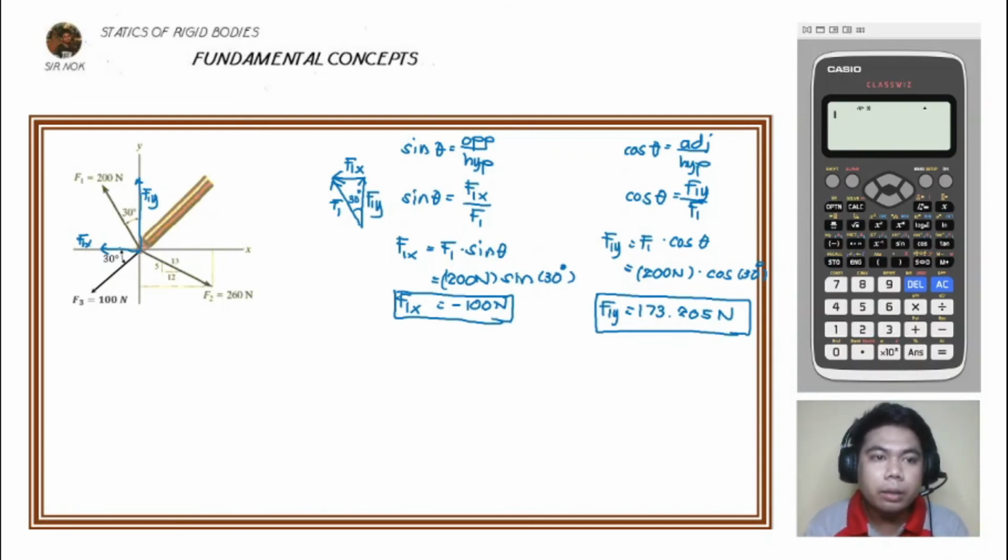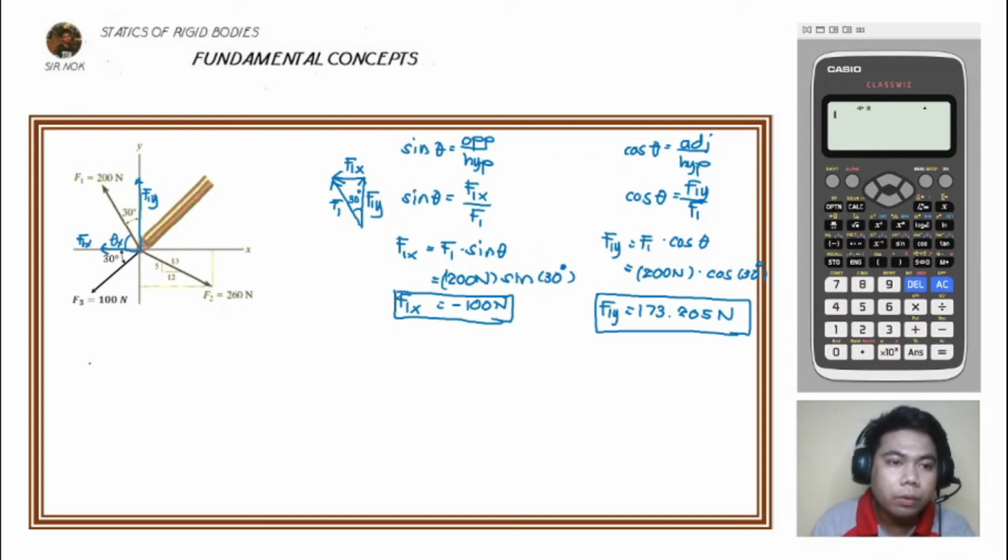What if hindi natin gagamitin si 30 degrees? So, gamitin natin yung angle with respect to the x-axis, or gagamitin natin itong angle theta x. So, ano yung value ng angle theta x na yan? So, angle 30 plus angle theta x is equal to 90 degrees, yung isang quadrant.